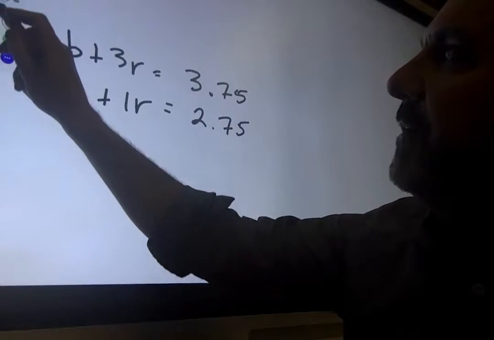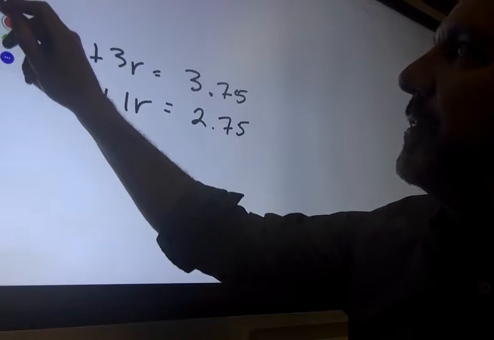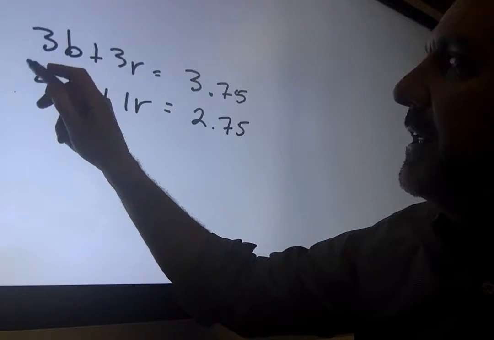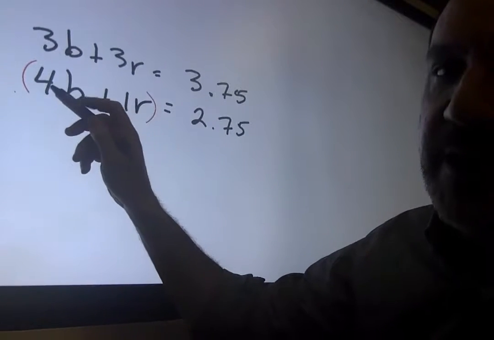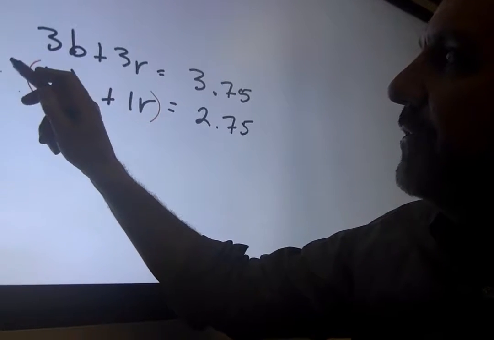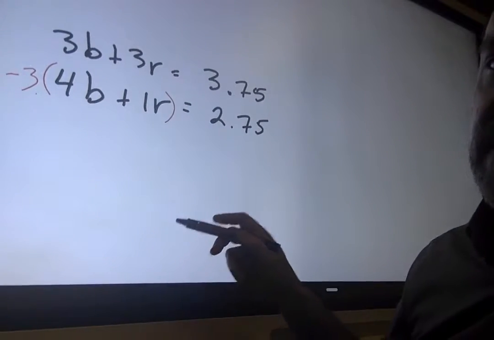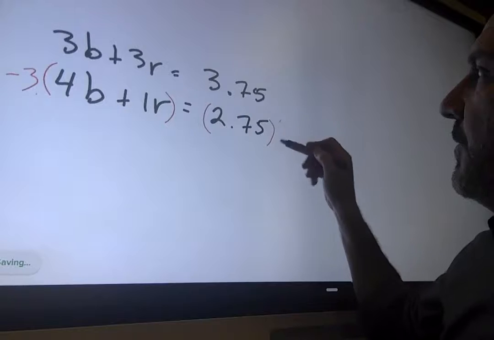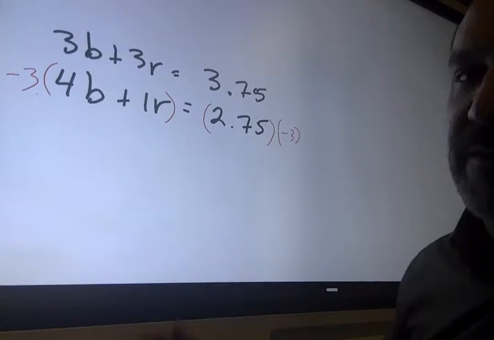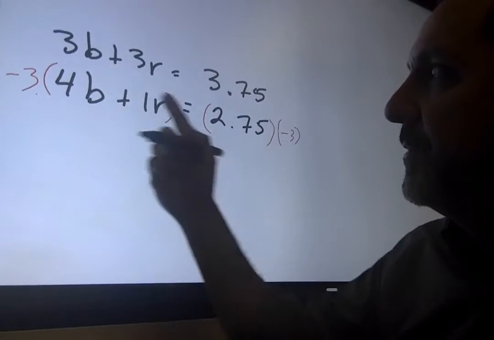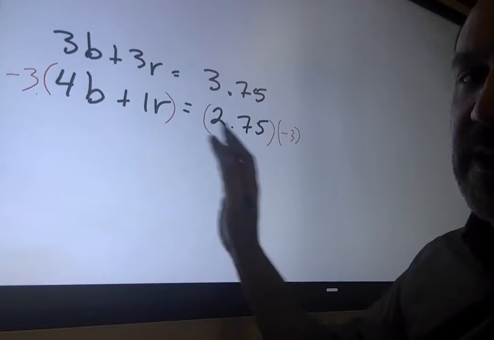Let's take my red pen, make that a little bit thinner. Okay, so I'm going to take this equation and multiply everything by -3 on the left. There you see. And everything on the right, I'm also going to multiply by -3. I have to multiply by the same amount on both sides so that it will stay equal.